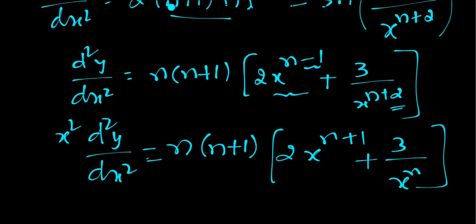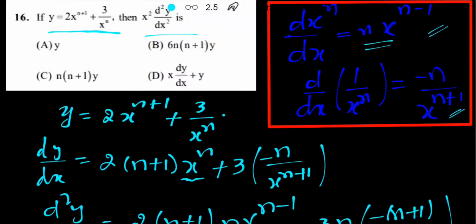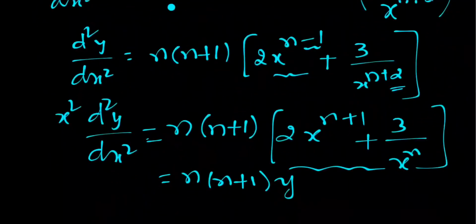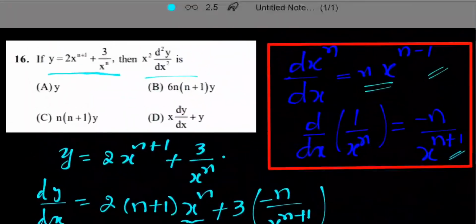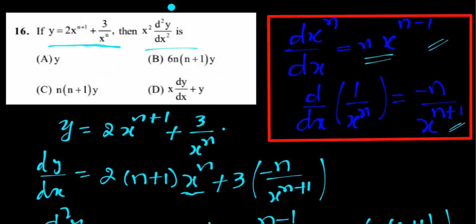Because divided by x square is there, cancel you will get. So now n into n plus 1 into this value is nothing but the given question, that is nothing but y. You can observe here the y value. Instead of that we can write y. So x square d square y by dx square value is n into n plus 1 into y. So option C is the correct answer.